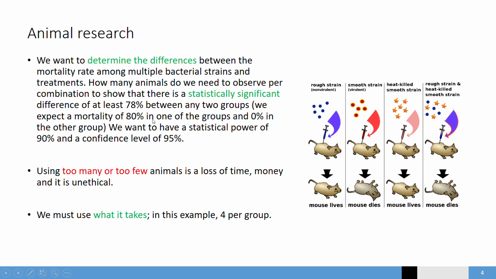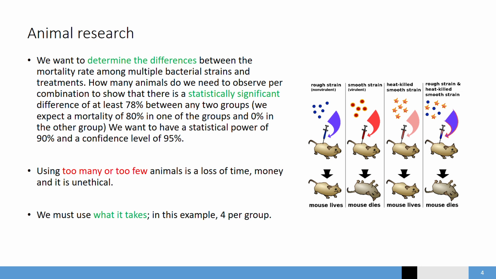And using too many or too few animals is a loss of time, a loss of money, and it is unethical, because you are doing bad things to animals. If you use too many, it is clear that you could have used fewer, so the extra animals are a loss of time and money, and it is unethical.